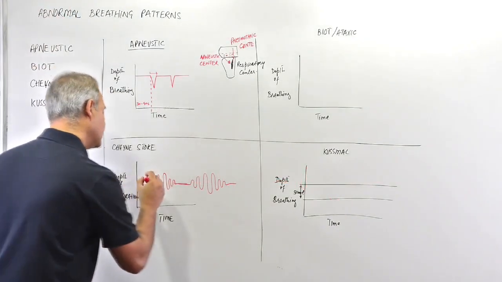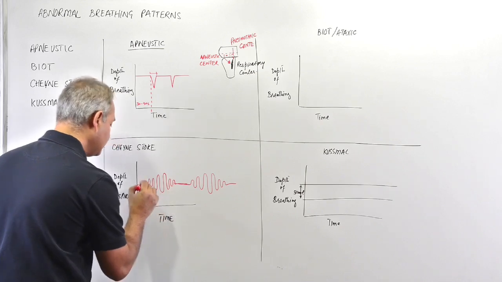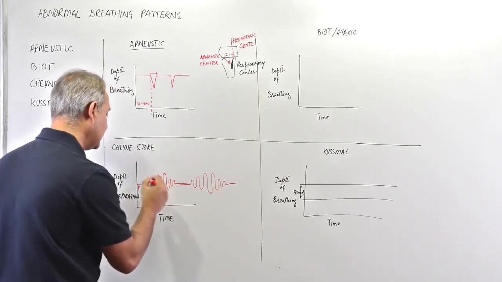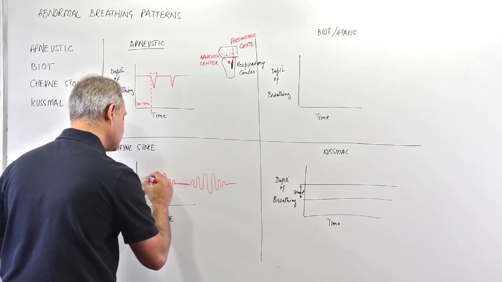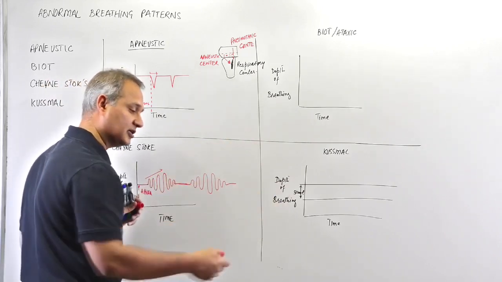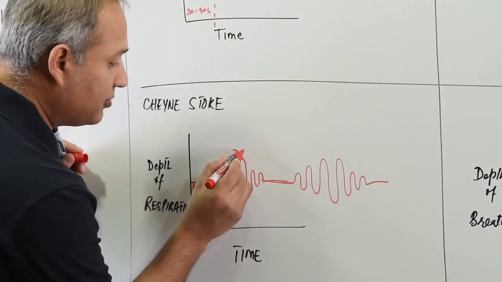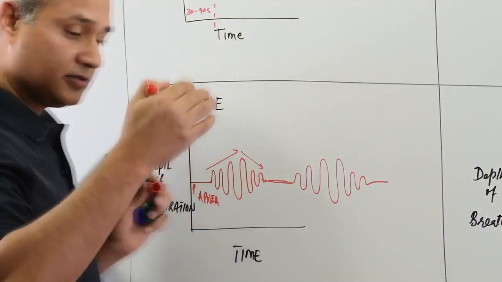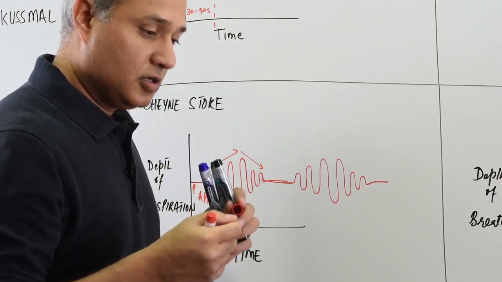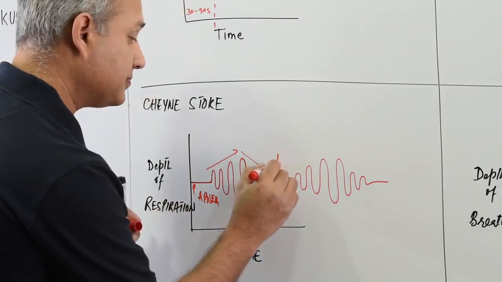So there is apnea, no breathing, and you're wondering, oh man, this person is not breathing. And then all of a sudden the breathing starts, and the depth of breathing continues increasing like this, and then the depth of breathing starts reducing, and then stops. Apnea again.